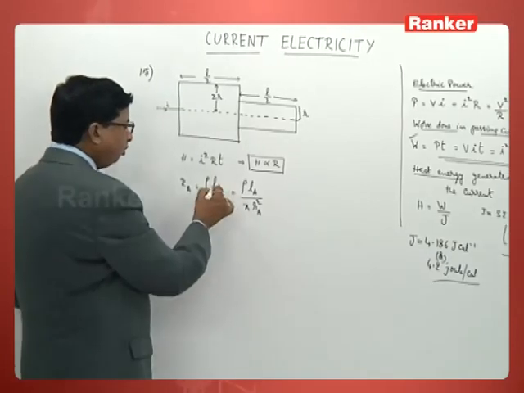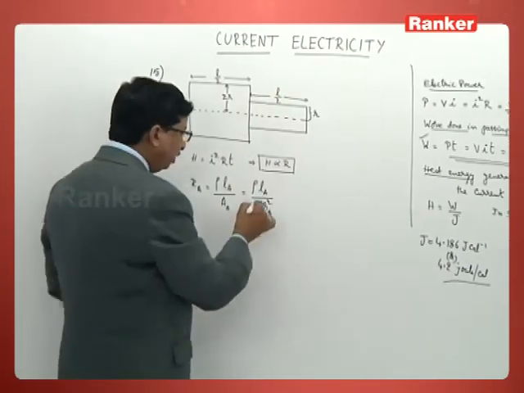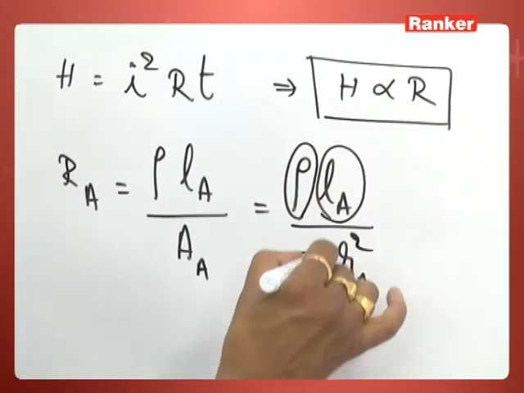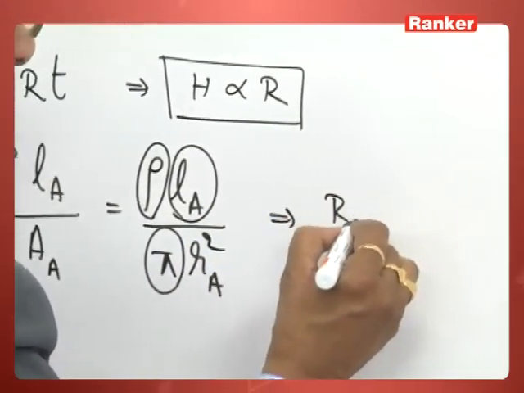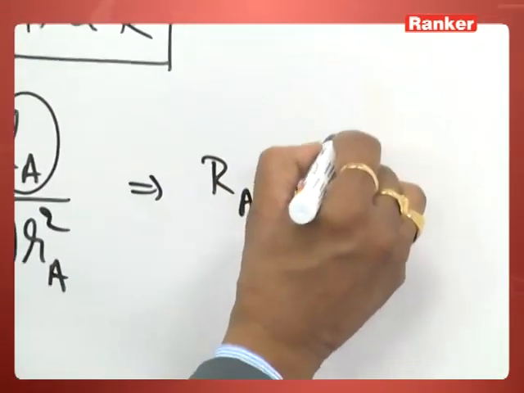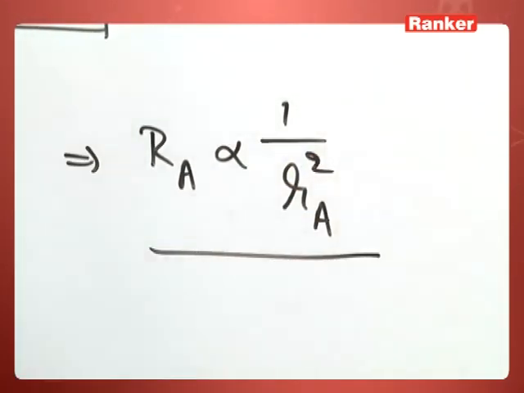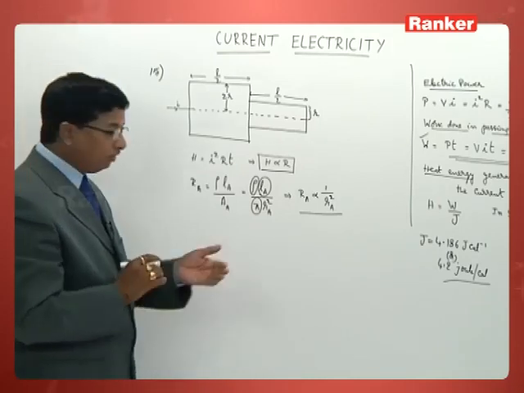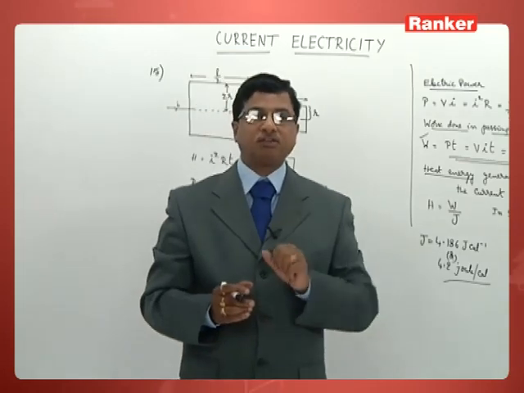But you people know pretty well L is same for both. Therefore, rho being constant, L being constant, pi being constant, resistance is inversely proportional to square of the radius of cross section.